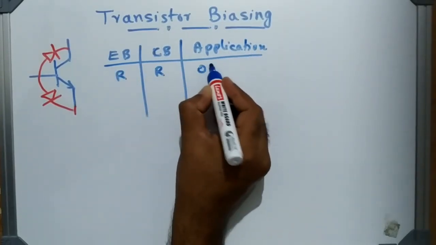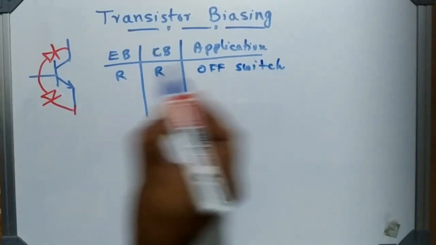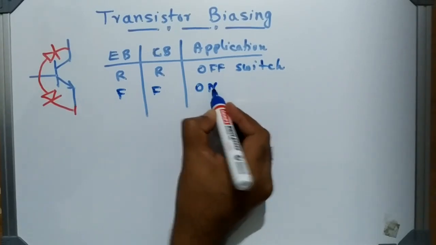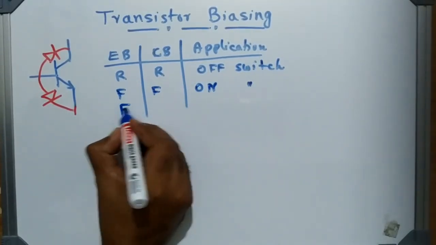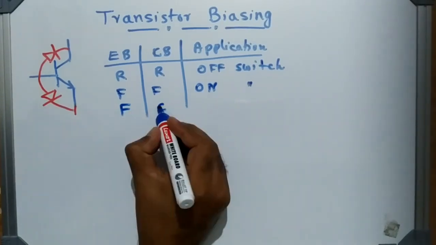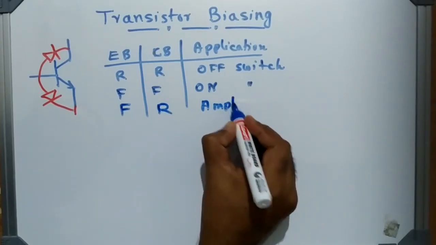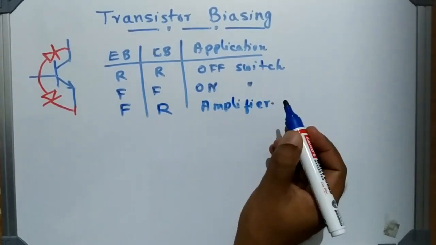Transistor will act as an off switch. Both are forward biased. Transistor will act as an on switch. If emitter base junction is forward bias and collector base junction is reverse bias, then the transistor will be used in amplification. So it acts as an amplifier.